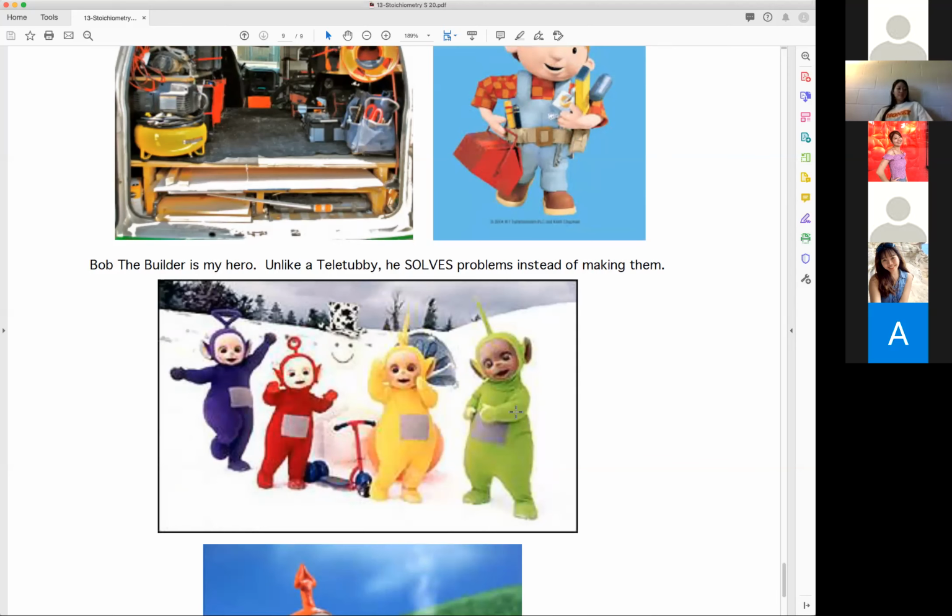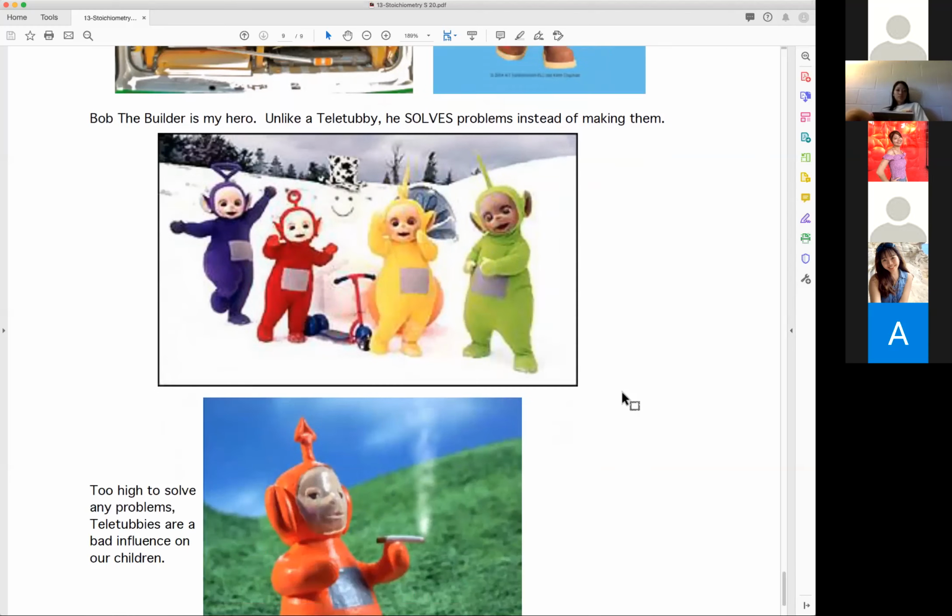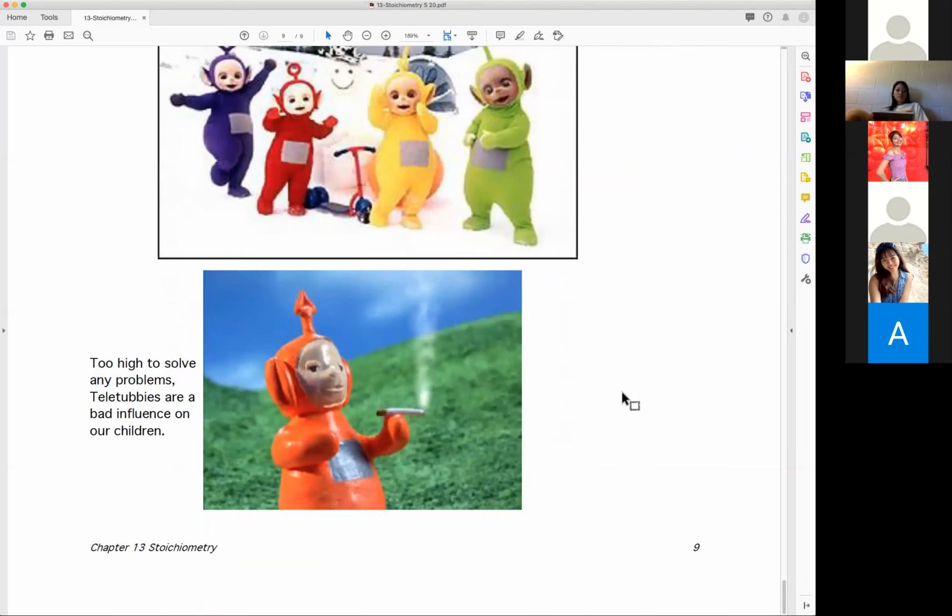But they don't know how to solve anything. They always need somebody else to come in and solve their problem. So they're, I think, a very bad influence on children, where Bob the Builder is a good influence. So finally I found this on the web, and it just kind of shows you that Teletubbies really are a bad influence on our children. See that? Anyway.